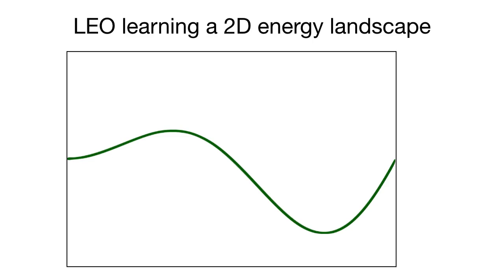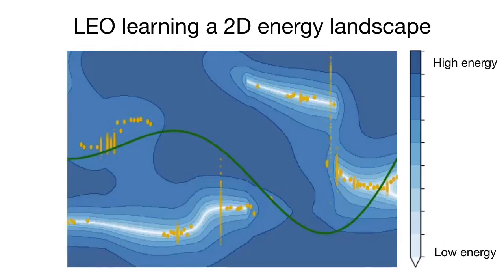So how does LEO work in practice? Let's begin with a simple 2D problem. We have samples from a ground truth function and we would like to learn a network that maps a point xy to an energy value. We randomly initialize the network, visualized here with high energy values in dark blue and low energy values in white.